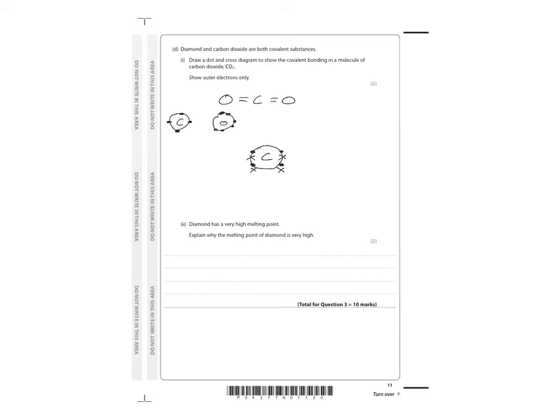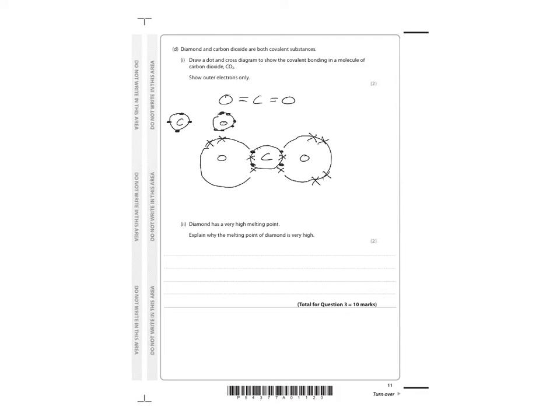Now that is a double bond, 2 covalent bonds. That means that oxygen, which I'm drawing as crosses, has got another 4 electrons: 1, 2, 3, 4, and the same on the other oxygen here.